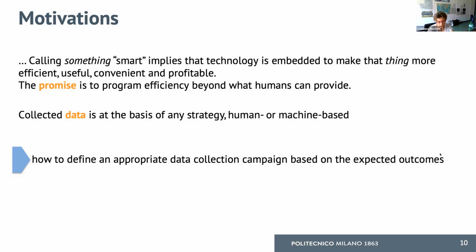This consumes energy for getting the data, storing the data, and making sure that we keep the data for as long as we need. So data collection should be planned in a sustainable way, as well as the goals that our methodologies aim at reaching through a nice exploitation of such data.